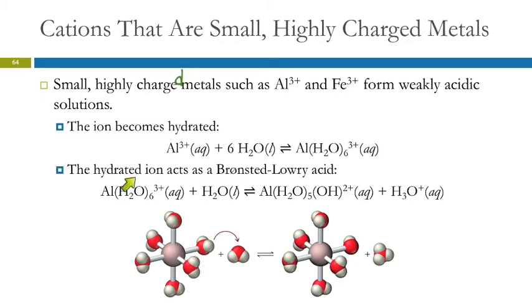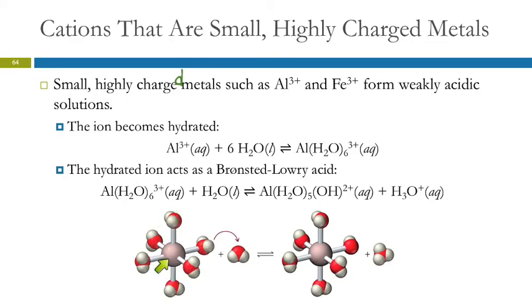So these ions can become hydrated, so the aluminum can gather 6 water molecules around it and form this complex ion. We'll learn a lot more about complex ions later. So here we've got this complex ion, the aluminum with 6 water molecules around it. This can act as a Bronsted-Lowry acid, donating one of its protons to a water molecule.